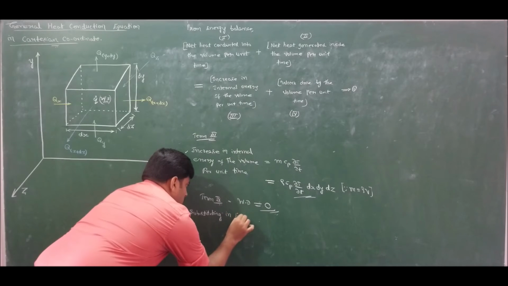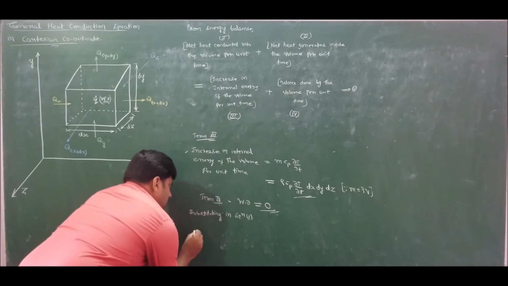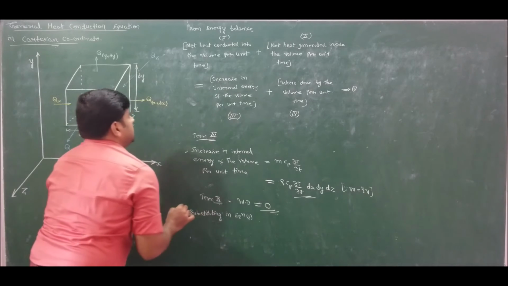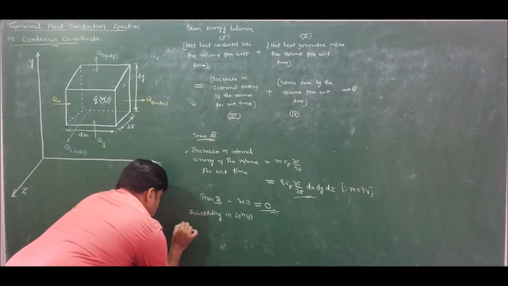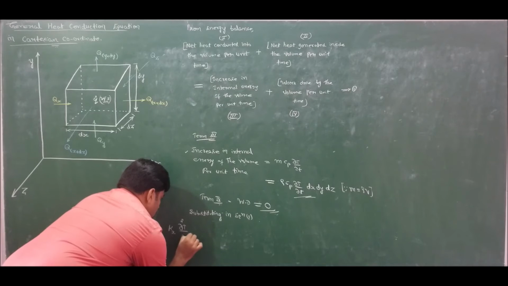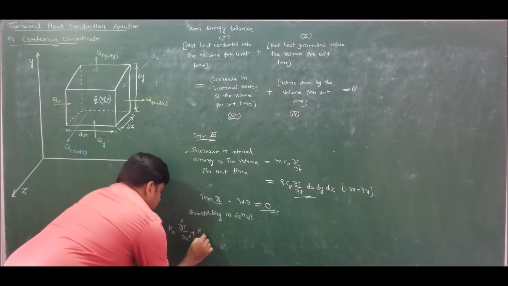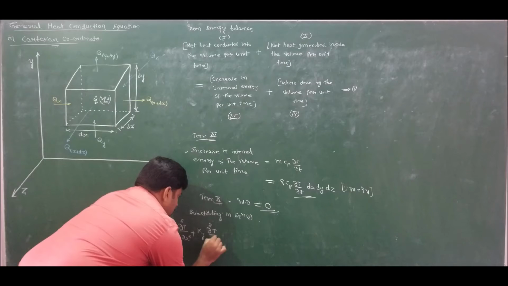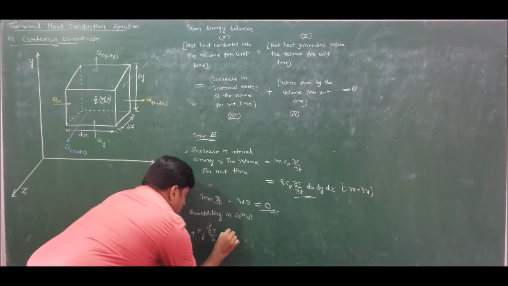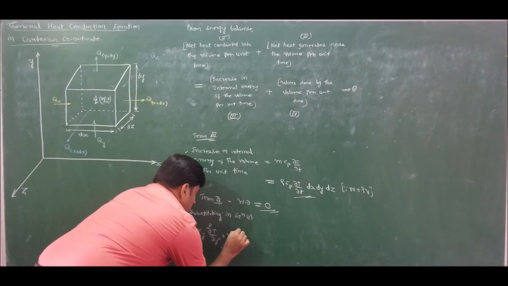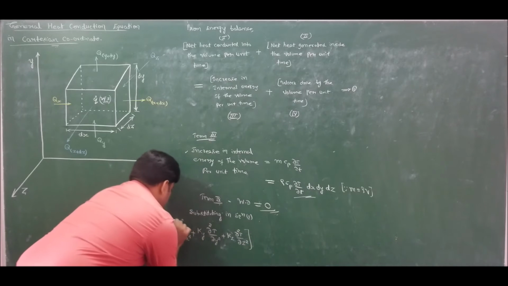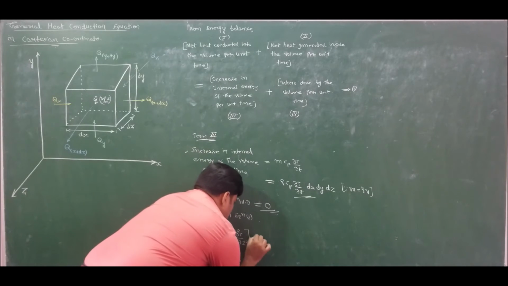Substituting in equation 1, we can write the net heat conducted into the volume per unit time as kx ∂²T/∂x² plus ky ∂²T/∂y² plus kz ∂²T/∂z², where we have taken dx dy dz common.